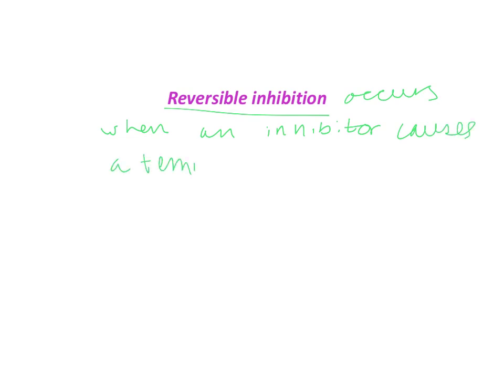Okay. So reversible inhibition occurs when an inhibitor causes a temporary, keyword here is temporary, loss of activity.